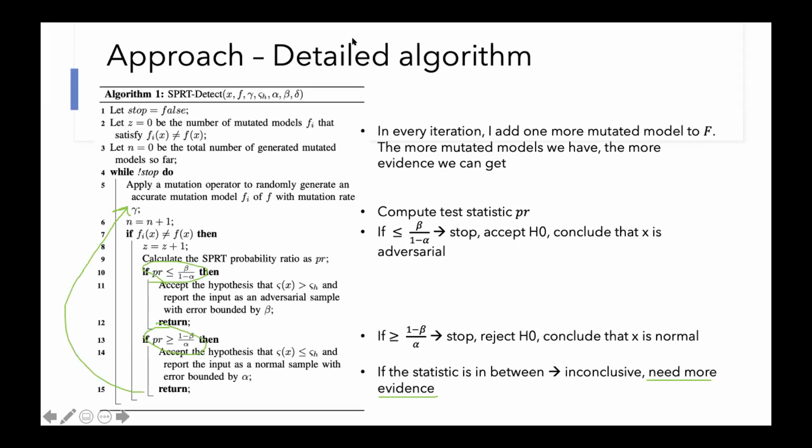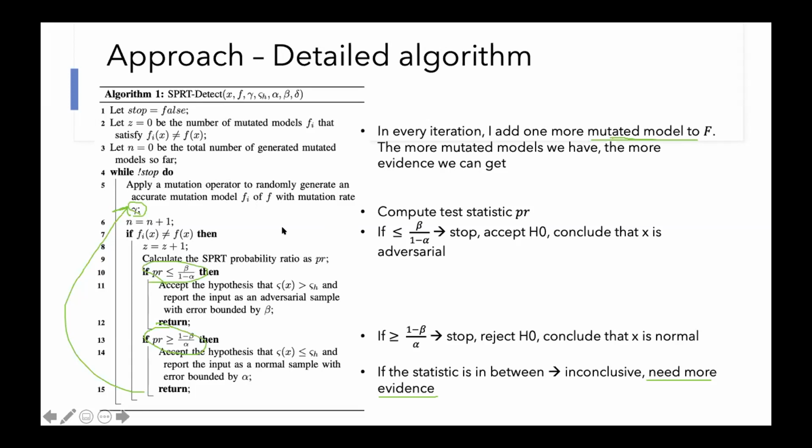I still need to recap a bit. When they select a mutation operator, do they select it in a random way? Every time they stick with one mutation operator. Oh, this is the mutation I mentioned. So that means they have already prepared a large number of adversarial samples.